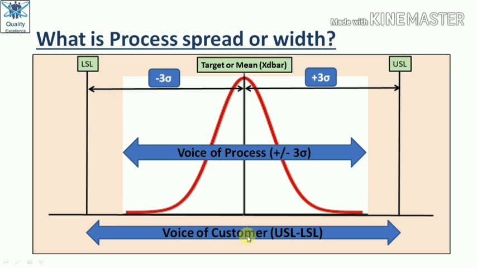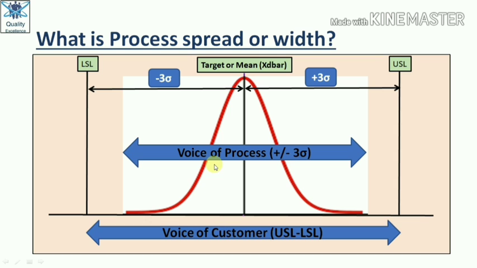So now let us know what is process spread or width. You can see here, this is the x-axis, this is the lower specification limit, this is the upper specification limit, and this is the target or mean, which we also call X double bar. This width, USL minus LSL, is known as the voice of customer, or the requirement of the customer.